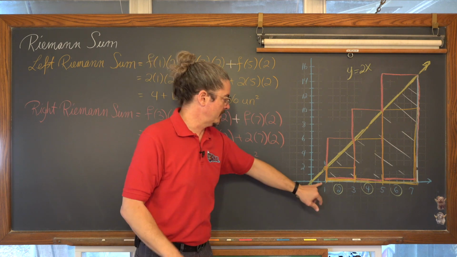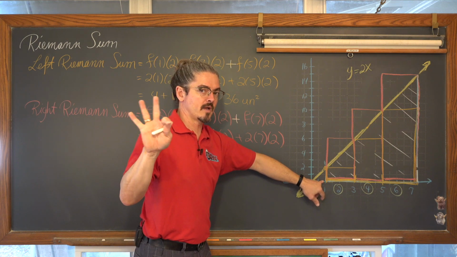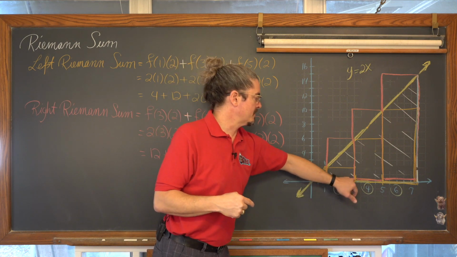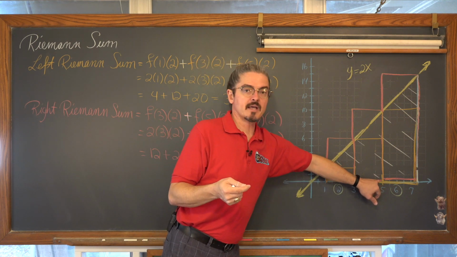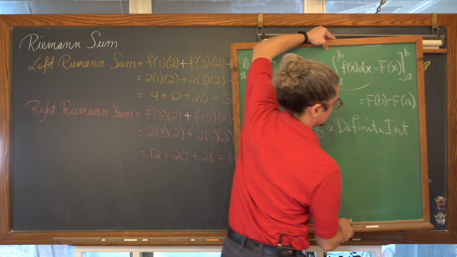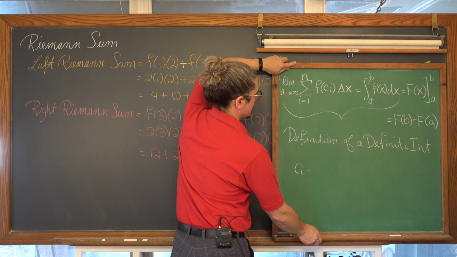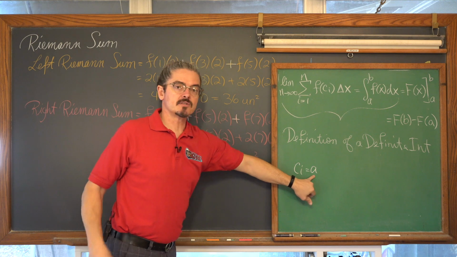It works out the same, but we're working with y equals 2x through all 3 ways of evaluating definite integrals. You start with 1, and then you move some delta x, and then you move that delta x again and again. So c sub i is basically some kind of recognition of where along the x-axis you start moving.